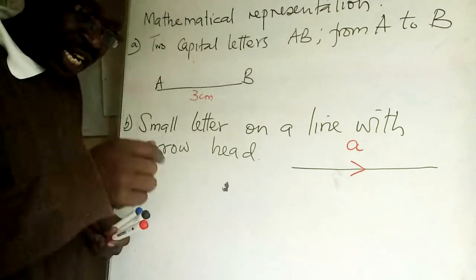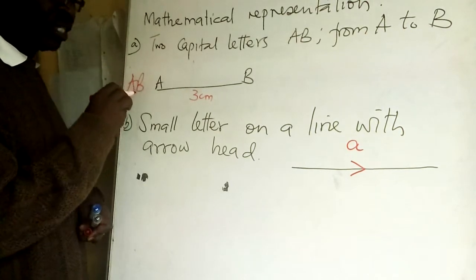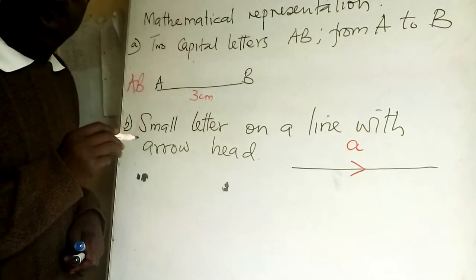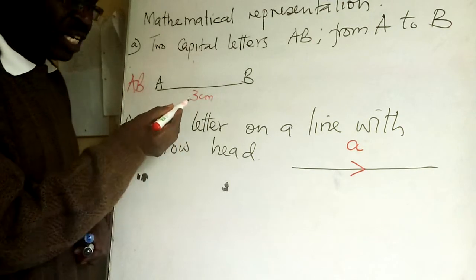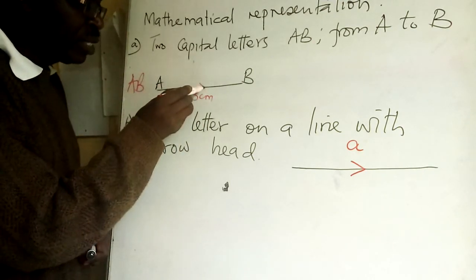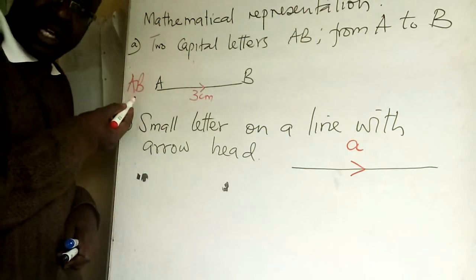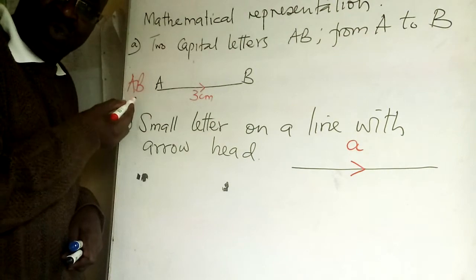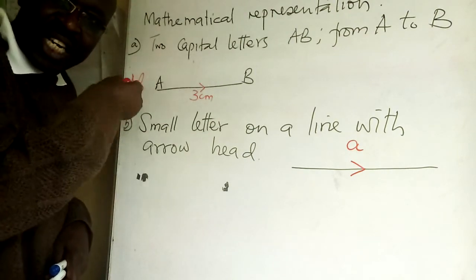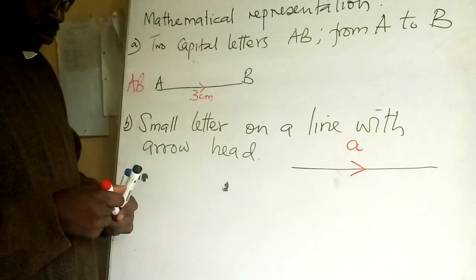But if I tell you now, draw AB such that it is equal to 3 centimeters, then this is a vector, where AB simply means that. The first letter tells you where you are, and the second letter is where you are going. I hope it is clear.